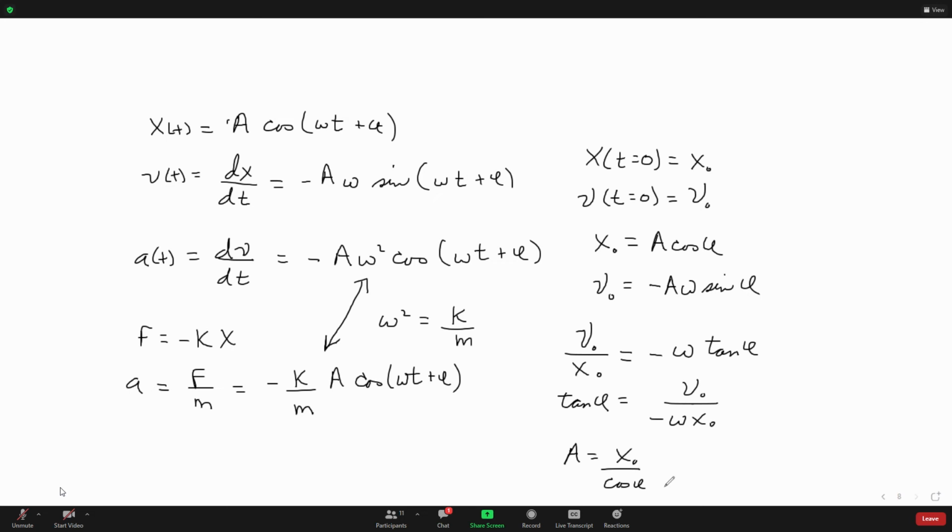All right, so let's do an example. Let's let M equal 100 grams.